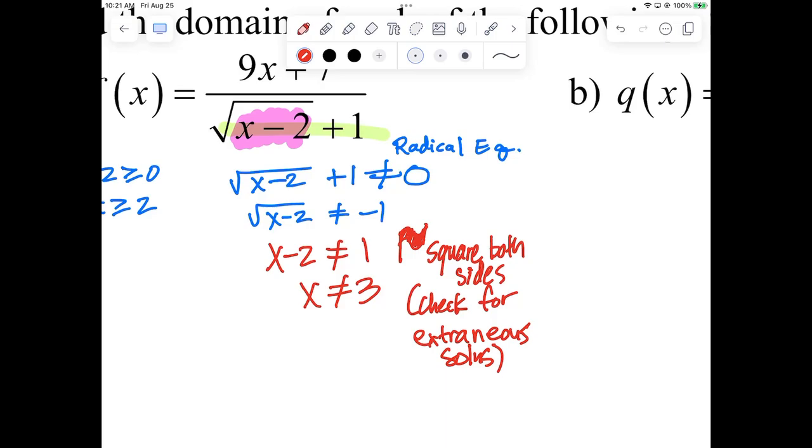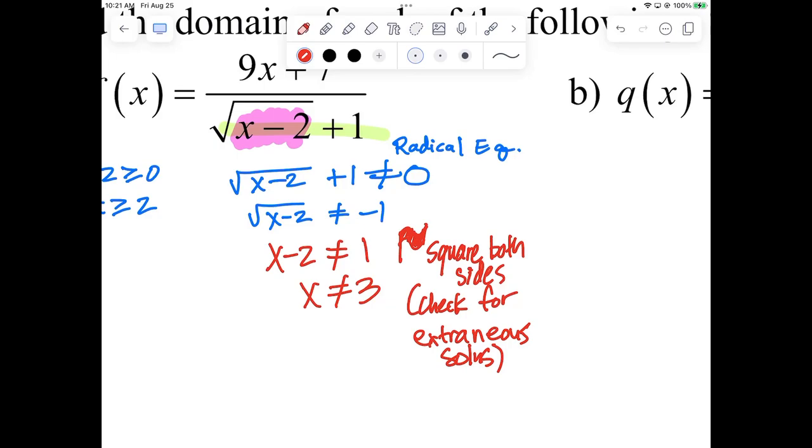Now you might recognize that it's going to be extraneous right up here on this last blue line. The positive, there's an implied plus sign out here. The positive square root of a value, can it ever be a negative number? Can you take the positive square root of something and ever get a negative number? No, it's impossible, right? Or you might look at it up here on the very first line. The positive square root of something is going to either be positive or 0 at the very least.